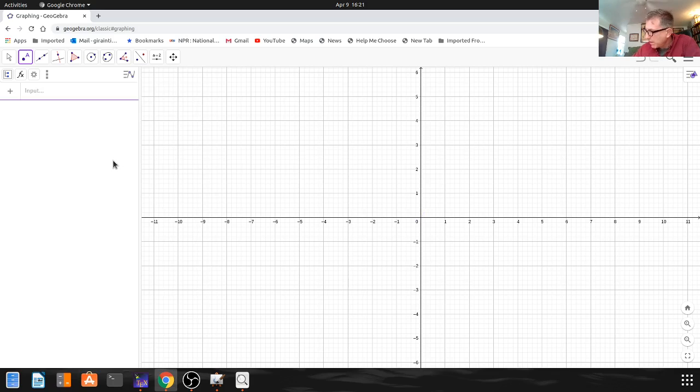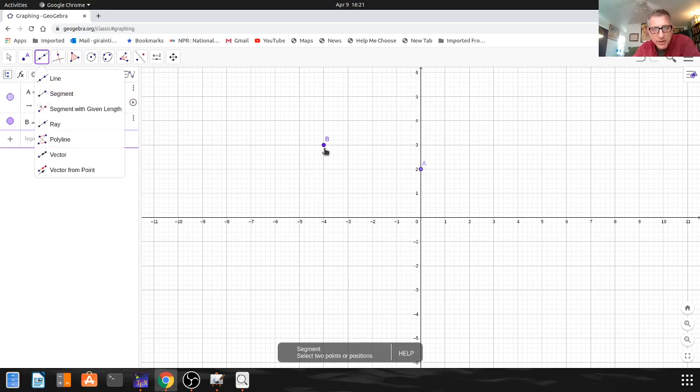Anyway, my y-intercept was 0, 2. So there's my first point. And the other point I got was minus 4, so x is minus 4 and y is 3. And I can draw a line through them.